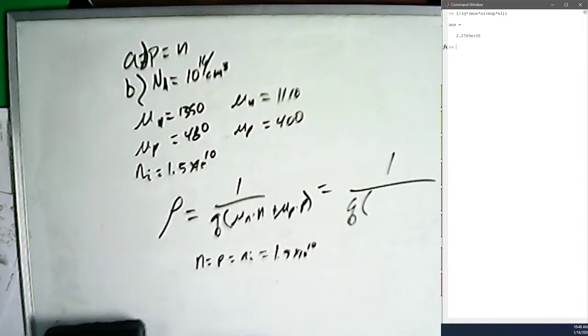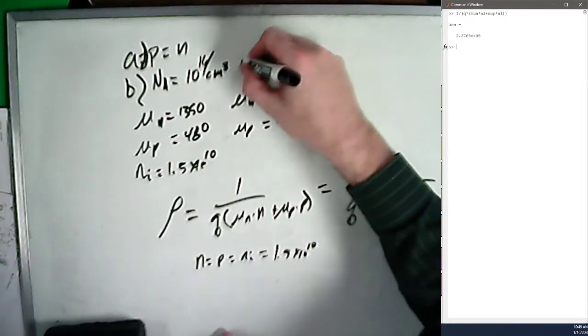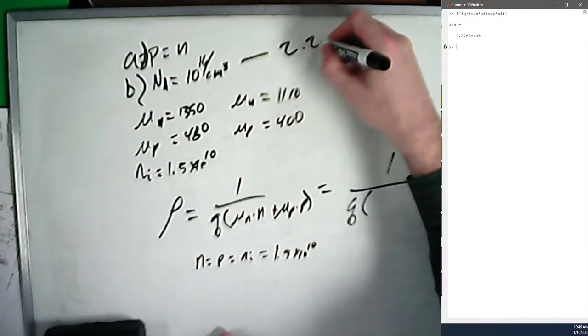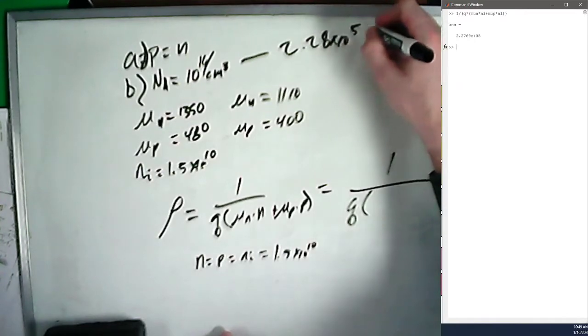That gives us 228 kilo ohm centimeters, or 2.28 times 10 to the 5th ohm centimeters.